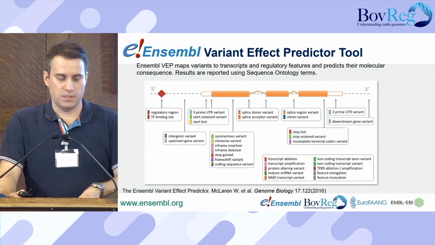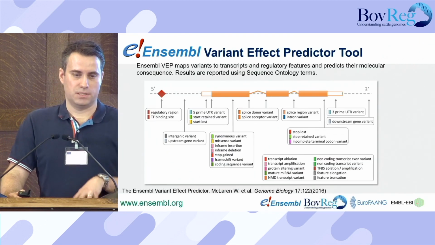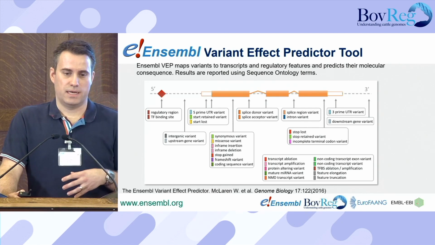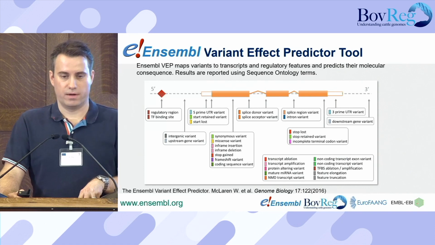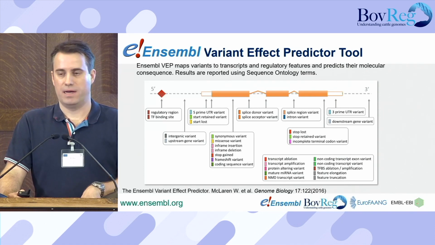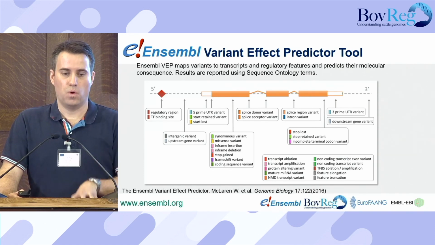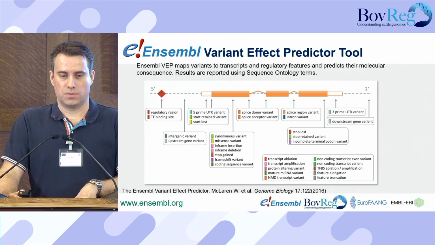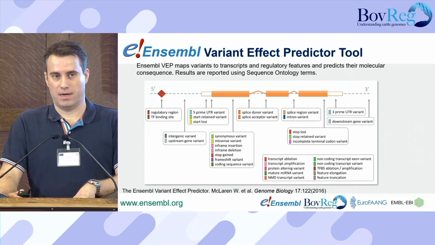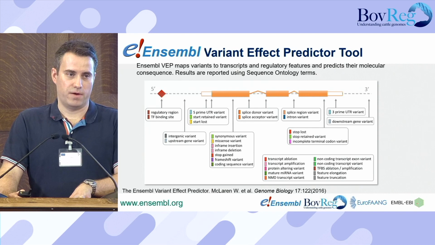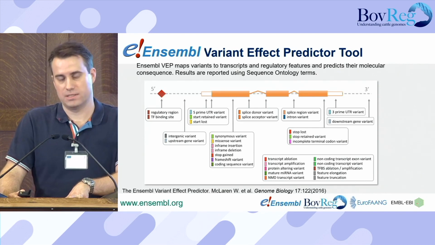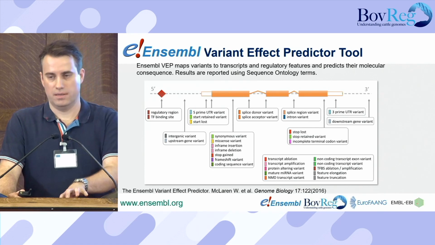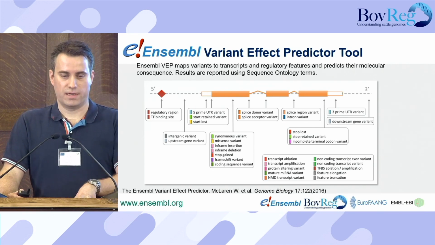So one of the other things Ensembl provides is the Variant Effect Predictor tool, and this maps the variants to transcripts and regulatory features and then predicts their molecular consequence. So what that particular consequence might have upon the genome, and allows industry to look at their own lines and then look up against the wealth of public data that BovReg has now been producing in order to ask the effect of consequence against the genome.